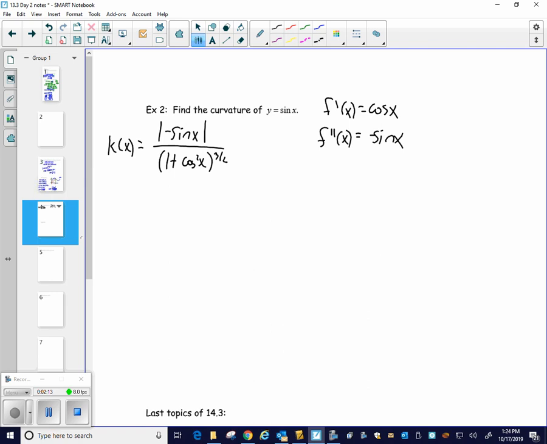And if you think about it, here's the general graph of sine of x. That is not very good, but we're going to go with it. So right here at pi halves, we would expect the curvature to be pretty large.